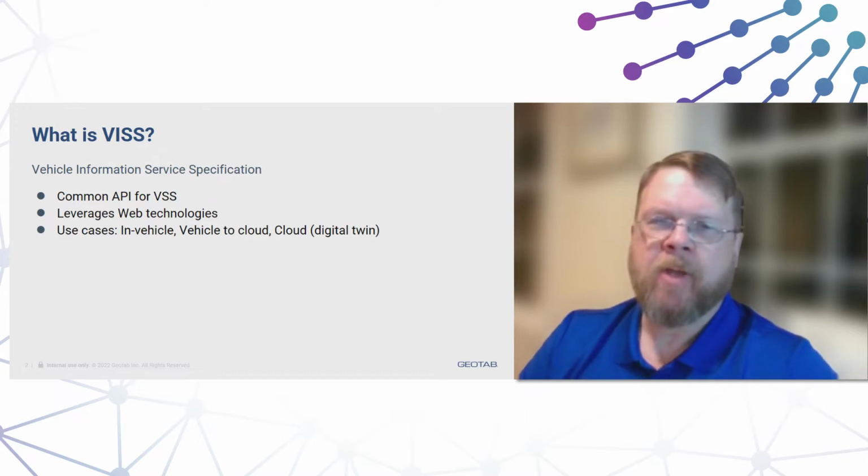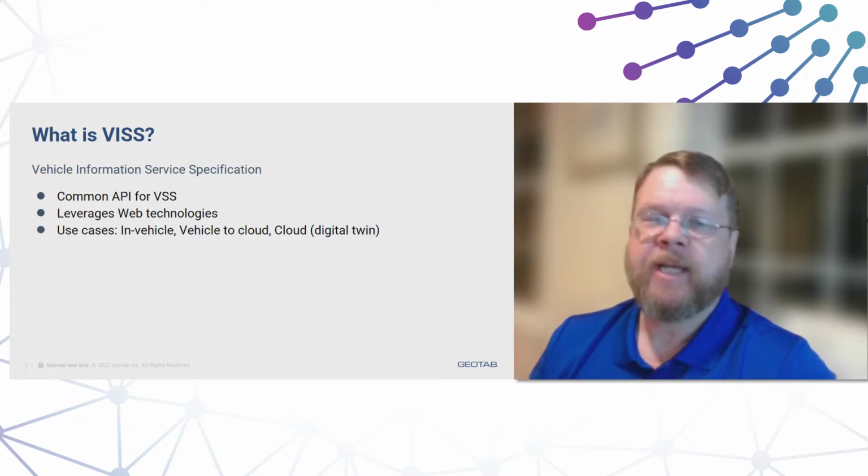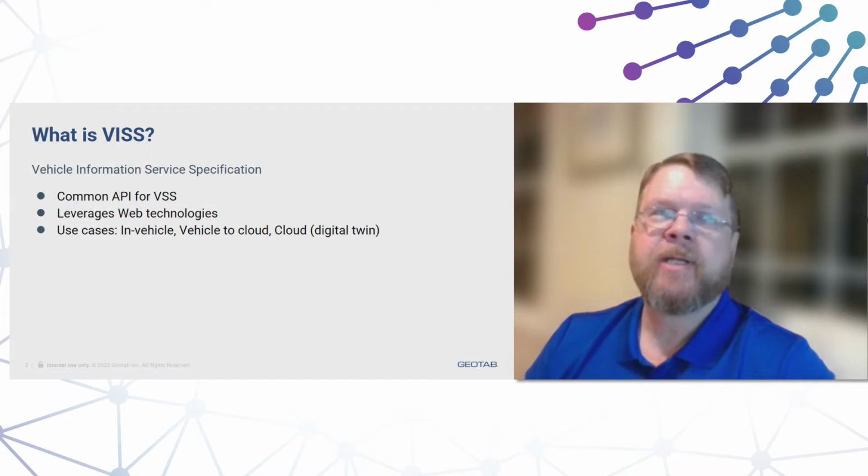As people here are probably well aware, OEMs all do data differently. So there's a need for a common data model in order to be able to write code and create services that are more broadly used across the industry, as well as have a common way to interact and interface with those data points. So it's a common API for VSS.